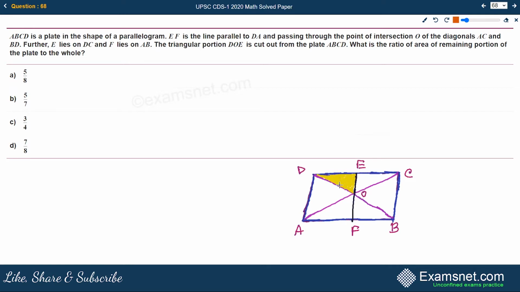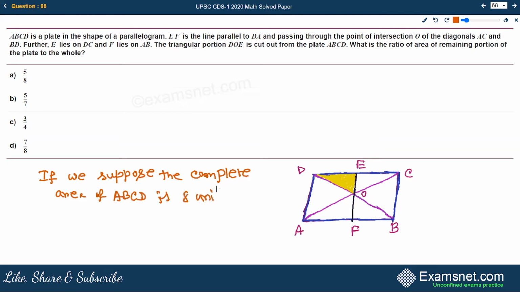Okay, so here we can see, look how many parts we are dividing it into. Suppose the complete area of this parallelogram ABCD is 8 units.